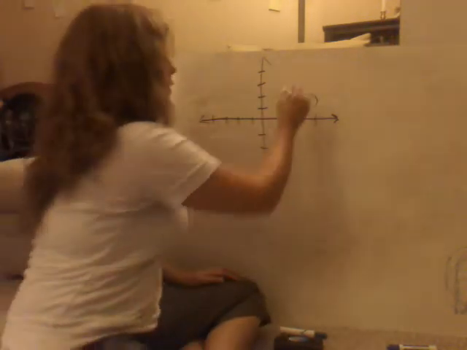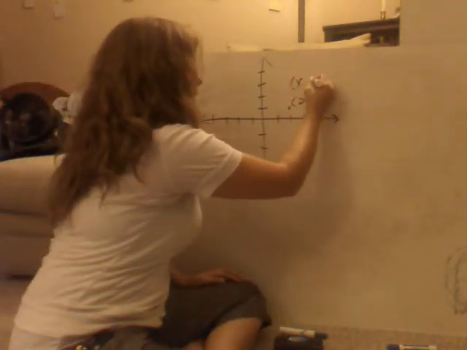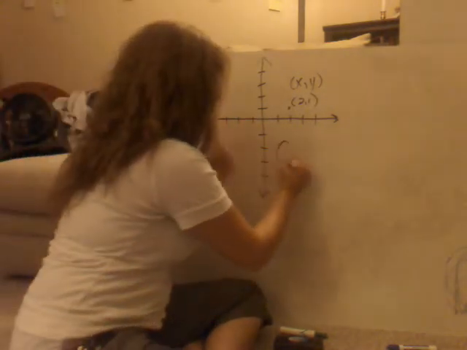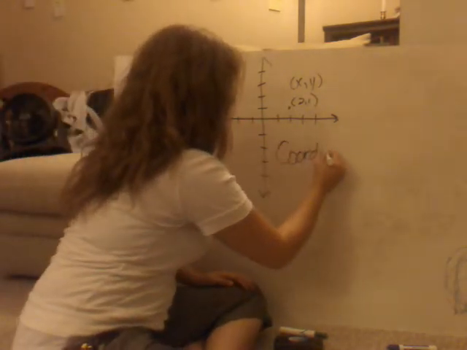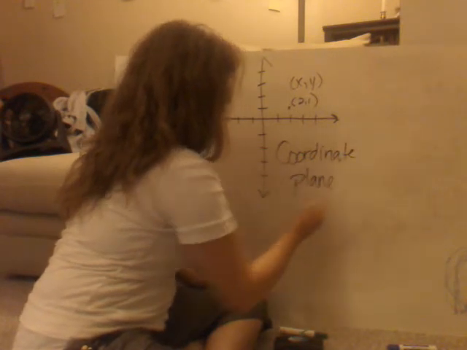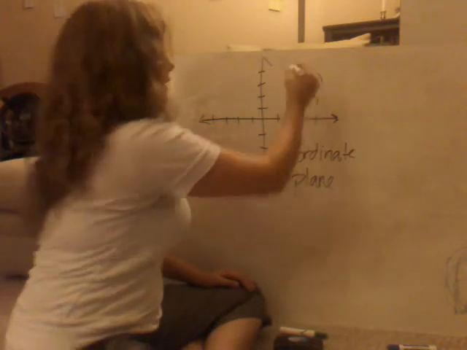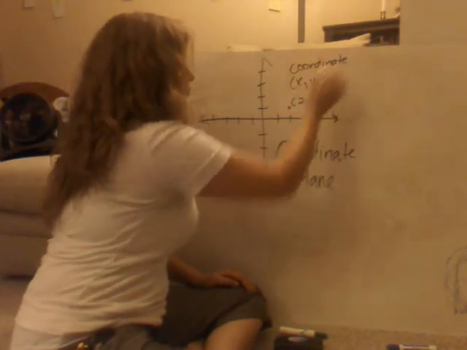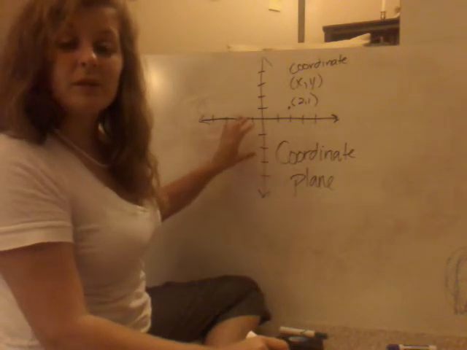It has an x and a y value. So x, comma, y is a coordinate. Coordinate plane and a coordinate. These are the names that I wanted specifically for these things.